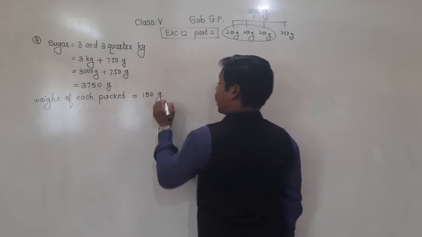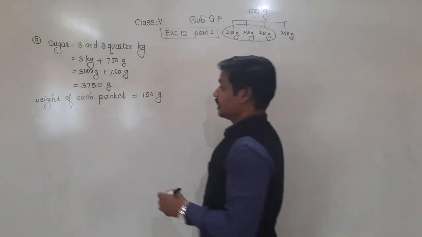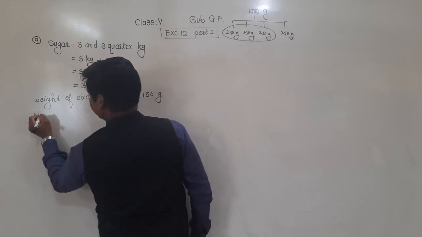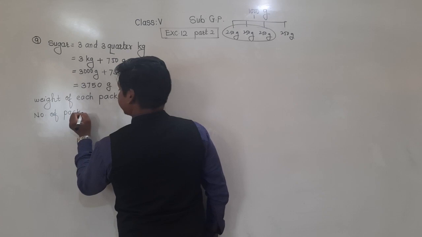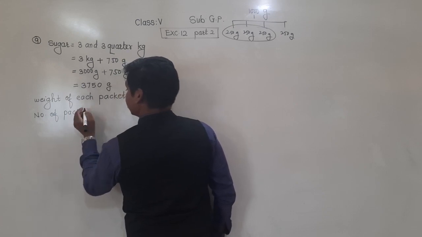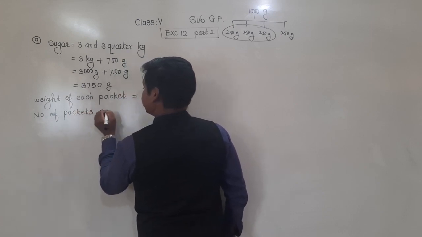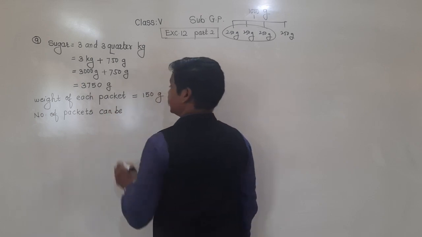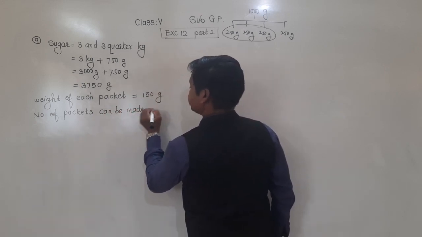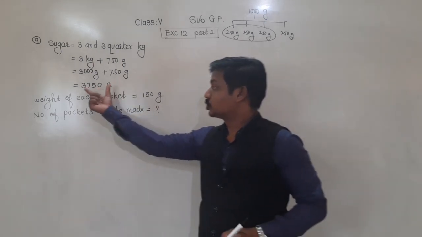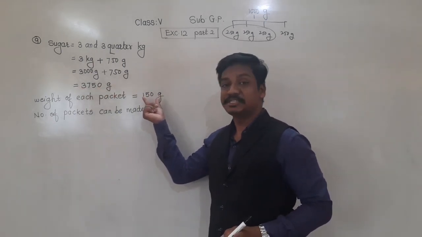So how many such packets can be made? Can you guess which operation we need to do here to find the number of packets? This is total sugar, this is sugar in each packet.